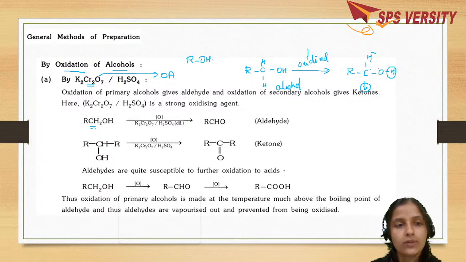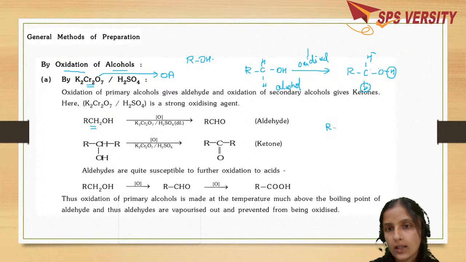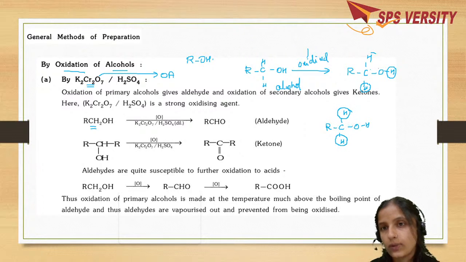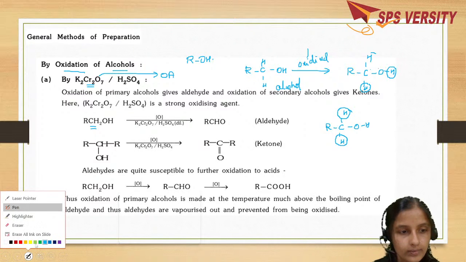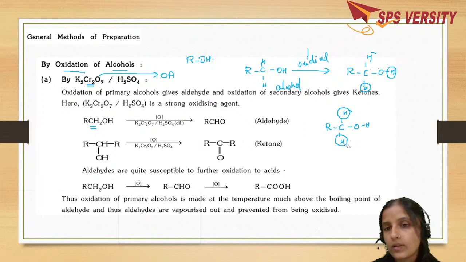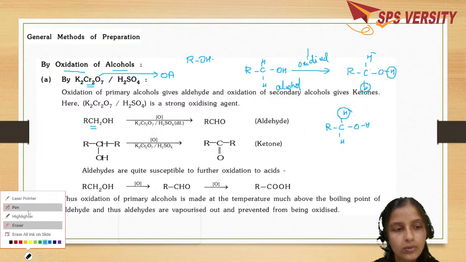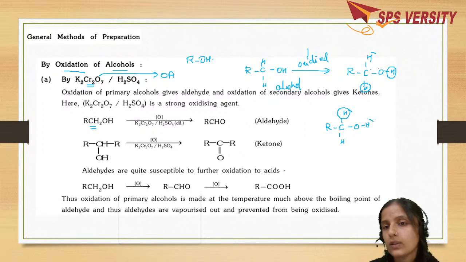If this compound is RCH2OH, these two hydrogens will go, resulting in the formation of a double bond here that leads to RC double bond H. This is an aldehyde.